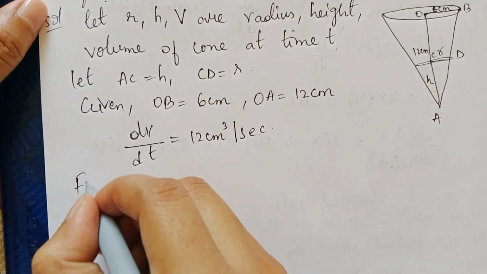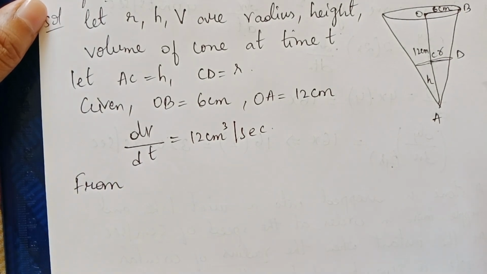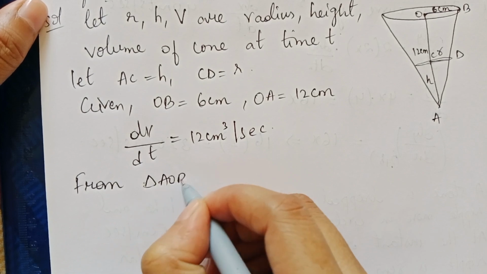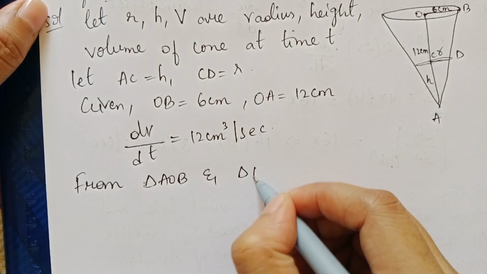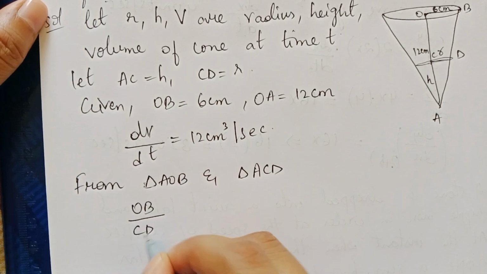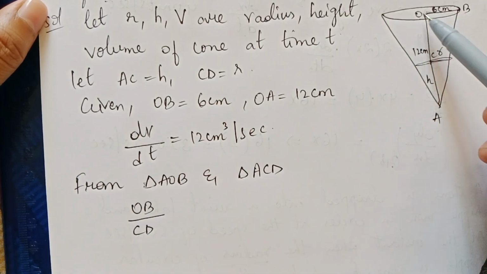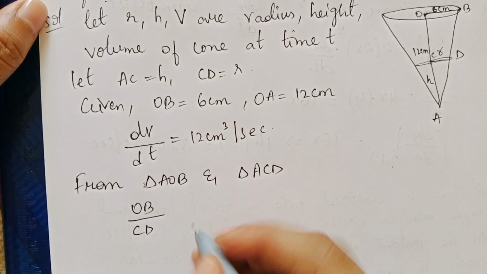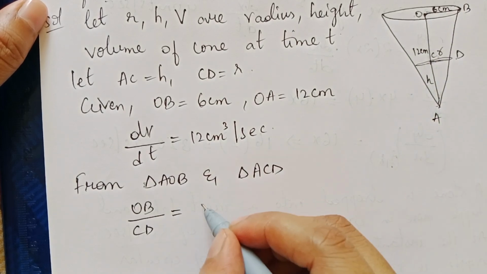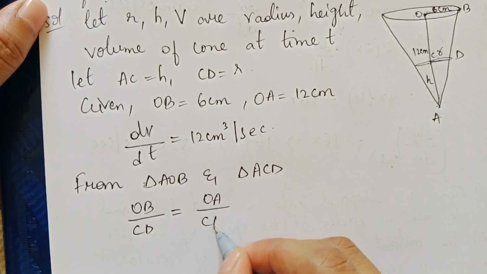Now we can get from the diagram that two triangles are formed which are similar, that is AOB and ACD. So from triangle AOB and triangle ACD, for the radius, OB by CD is equal to the height OA by CA.